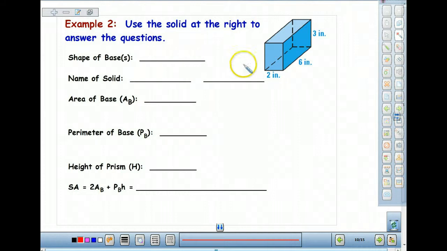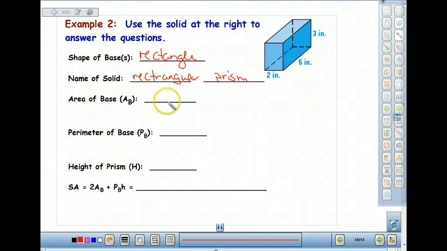Okay, so the shape of my base in this case, I have a rectangle. So that makes it a rectangular prism. Okay, and we can make any of these my base. I can make this my base or this my base, because we do have rectangles on either side.